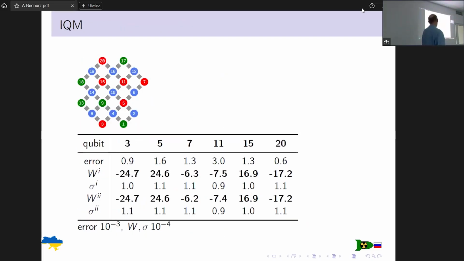Not only IBM: IQM has also given us 1 hour free, so we used it to make this test. You can see on this map that some qubits were okay, those green ones, 20 qubits, but all the red ones are again faulty.